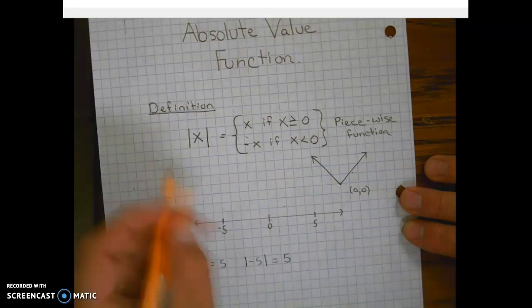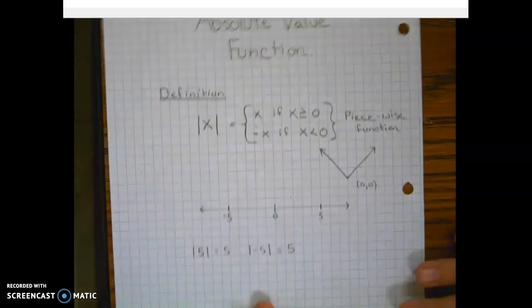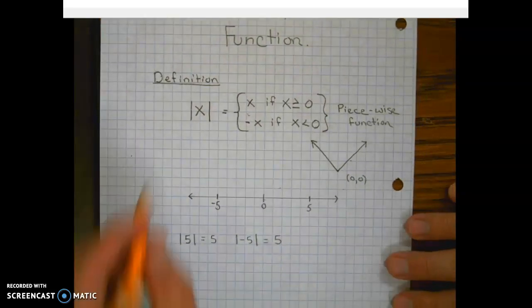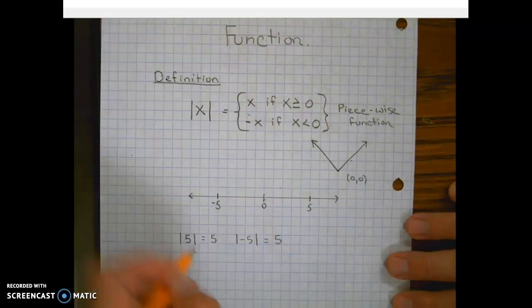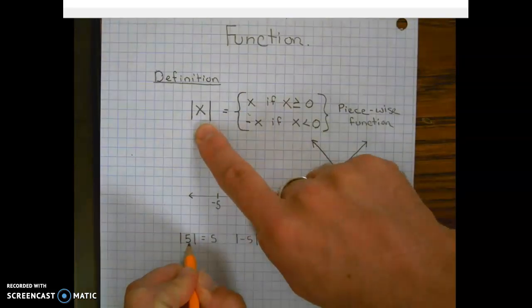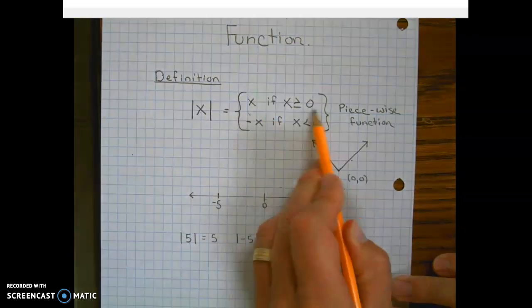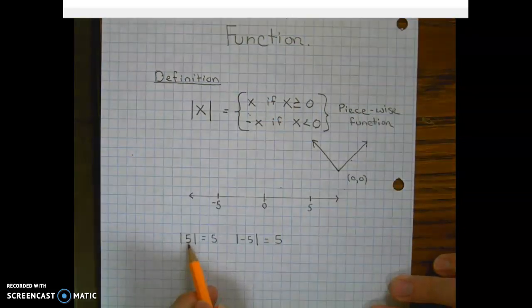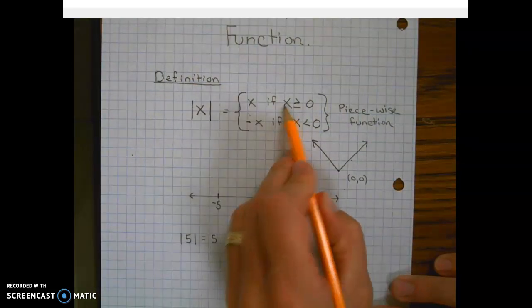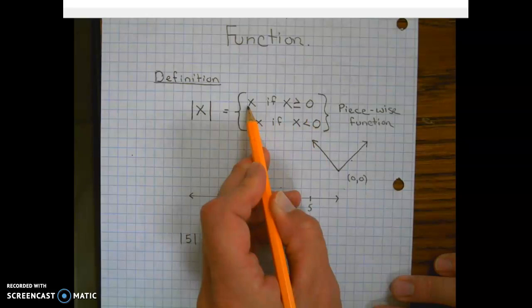Okay, so let's go into the definition. Let's use our examples below. Let's say that x is positive, 5. So we're going to look at this piece. Since x is 5, 5 is greater than or equal to 0, so this is what we're going to use.